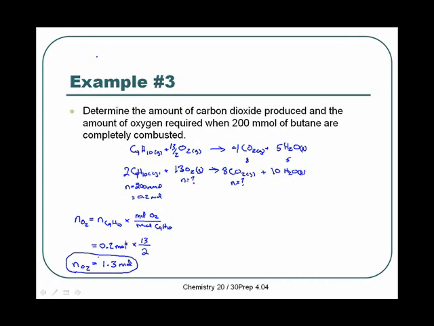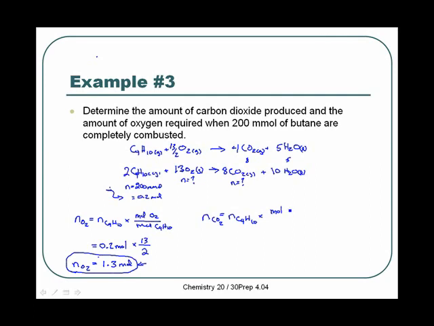And now that we have the number of moles of O2, we're going to find the number of moles of carbon dioxide. Now, we can use either the answer we just found or the information that was given. I always like to use the information given just in case a mistake was made with our calculation. So we should get the same answer, and maybe we'll do both just to show you we get the same answer.